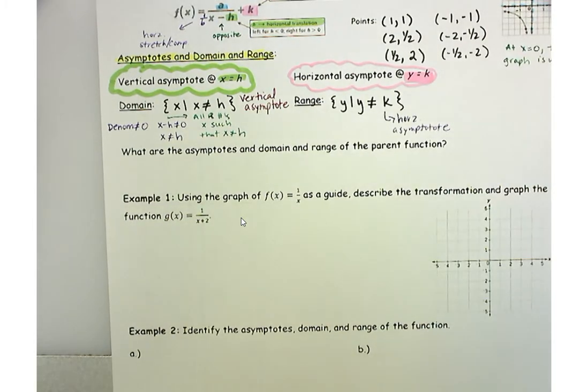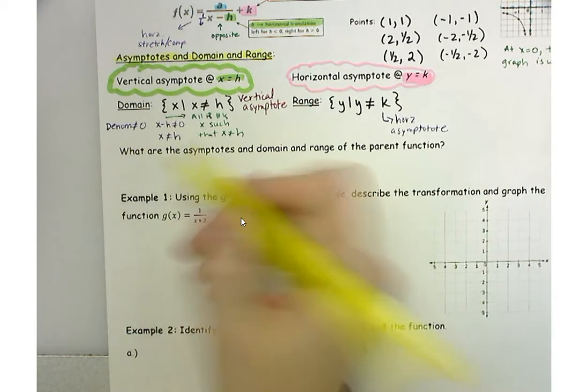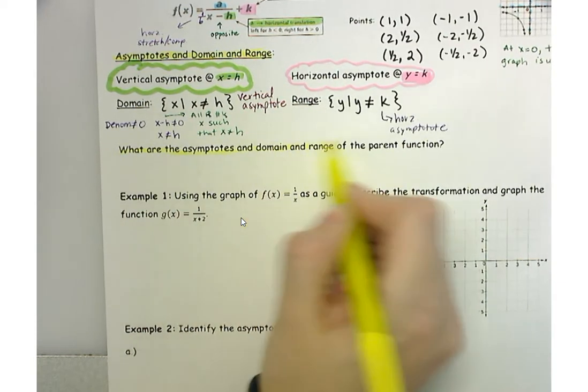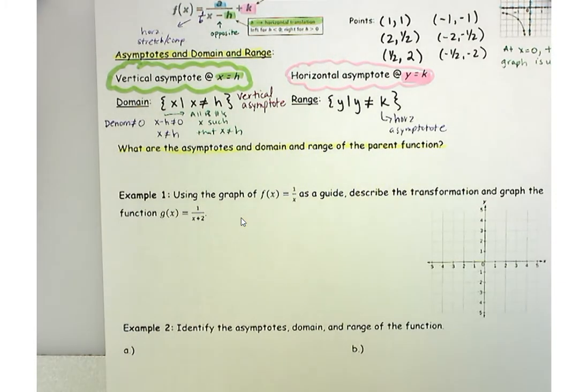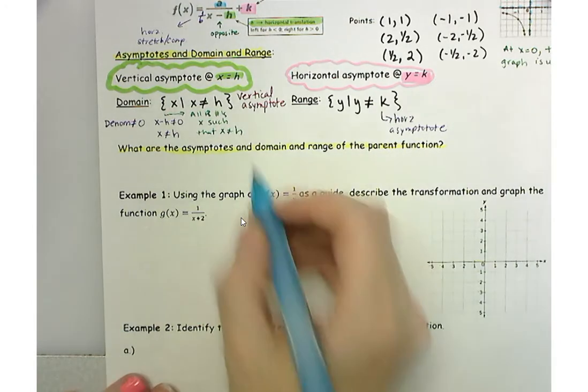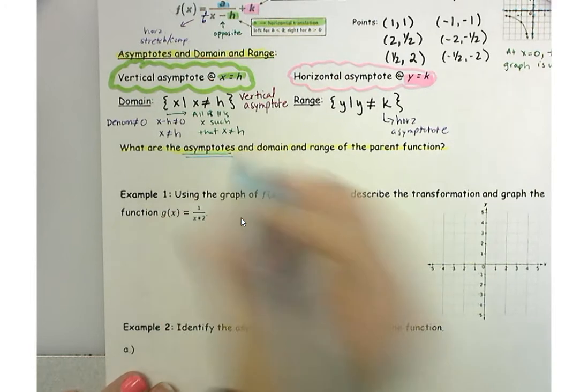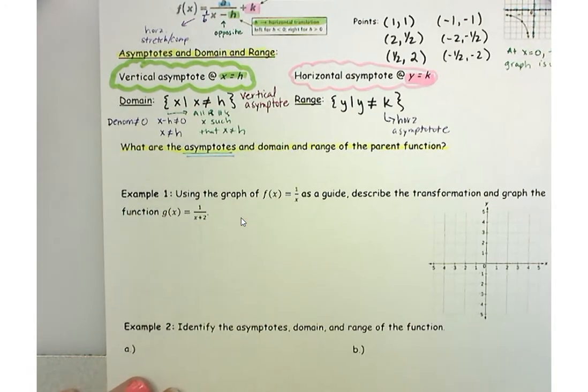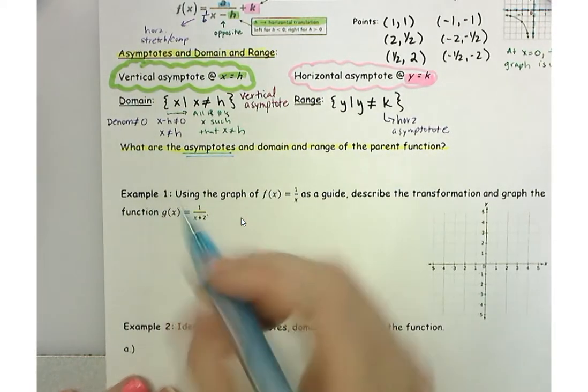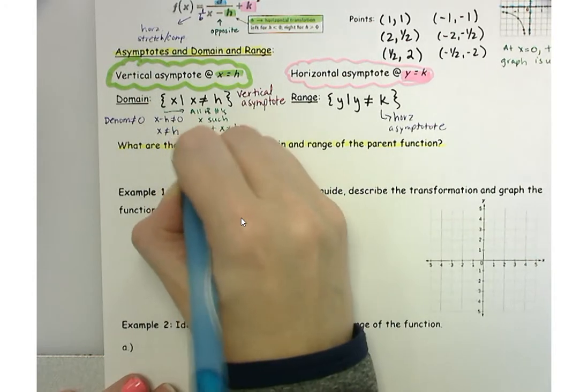I just want to remind you that whenever you're writing an asymptote, remember, an asymptote is a line. So when you're identifying what the vertical asymptote is, it's x equals 0, not just 0. The horizontal is going to be y equals 0.